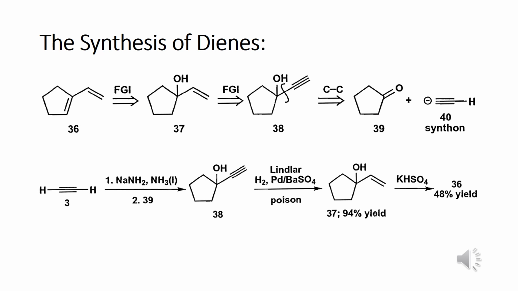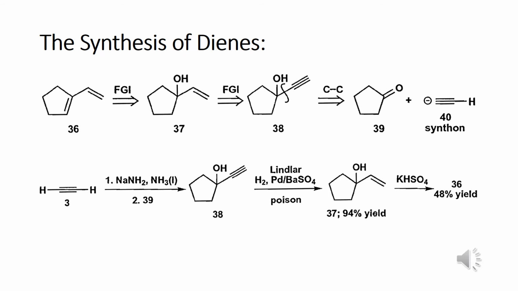In the previous presentation of alkene synthesis, we learned that dienes could be made by the Wittig reaction and also by the addition of vinyl lithium or Grignard reagent to a ketone, followed by dehydration of the allylic alcohol product. A derivative of acetylene can do the same job as well.